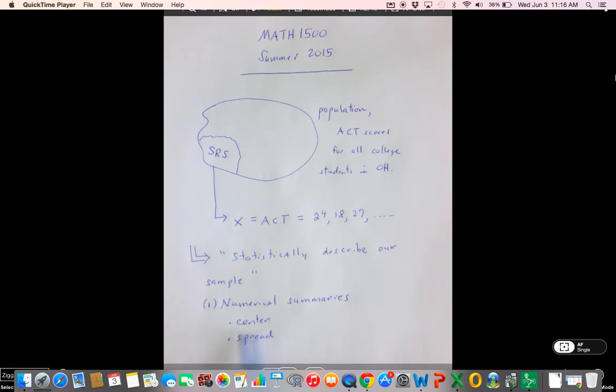So something we may use as a center statement would be the mean. So if I find the mean or the average of these numbers, what I'm getting is a typical score. I may get an ACT score as my mean that no one scored that particular value, but it's just kind of an average score. The spread gives me a level of consistency. How consistent are my data? How much variability is there in our data?